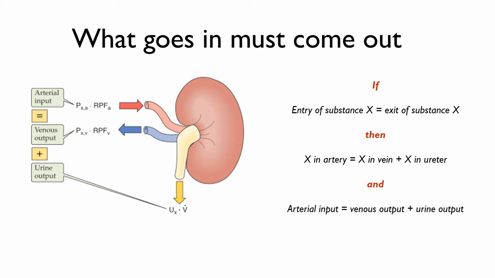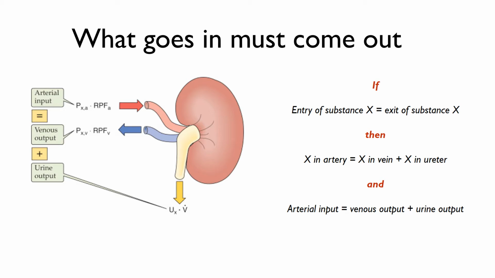So what goes in via renal blood flow must come back out of the kidney, and there's only two ways that something can leave the kidney, and that is either through the renal vein or through the ureter. And we can write this out and say that arterial input, so what comes in through the arteries, has to equal venous output plus urine output. Simple enough.